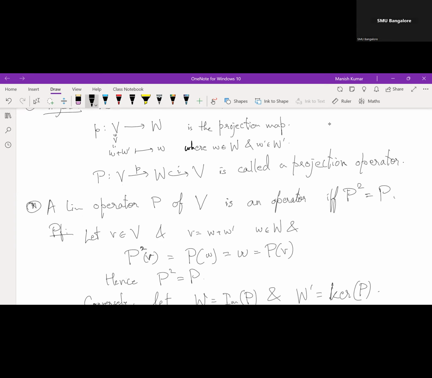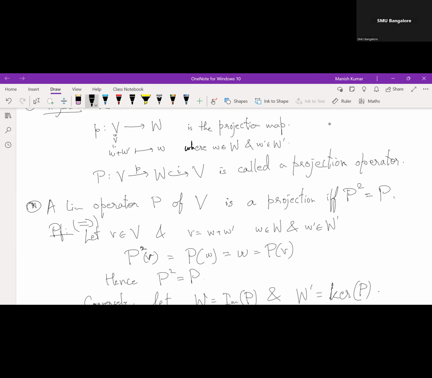So we are proving the forward direction: we are assuming this is our definition in the first paragraph, and we are proving P square is P.